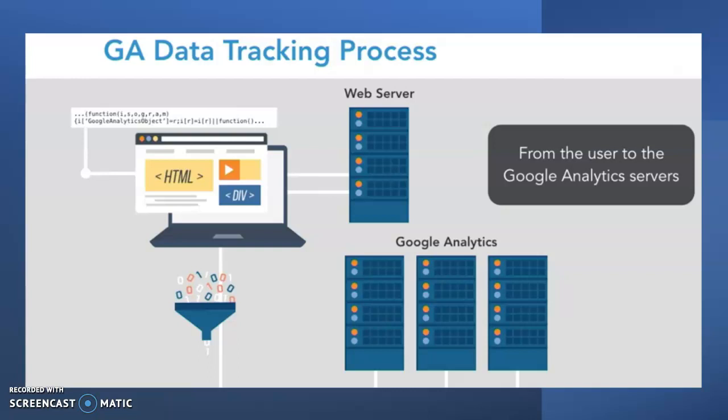First, you have to embed the JavaScript tag in your HTML in order to track that user through your website. When the user enters the site in their browser, they access your web server, and this returns the HTML to the browser that we use to show that website to the user.